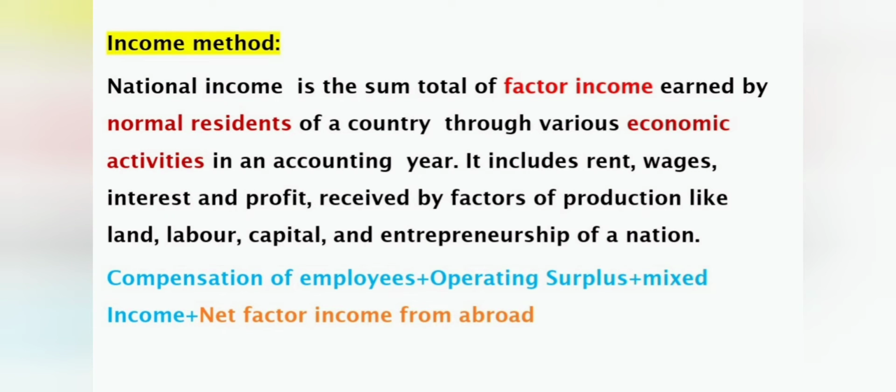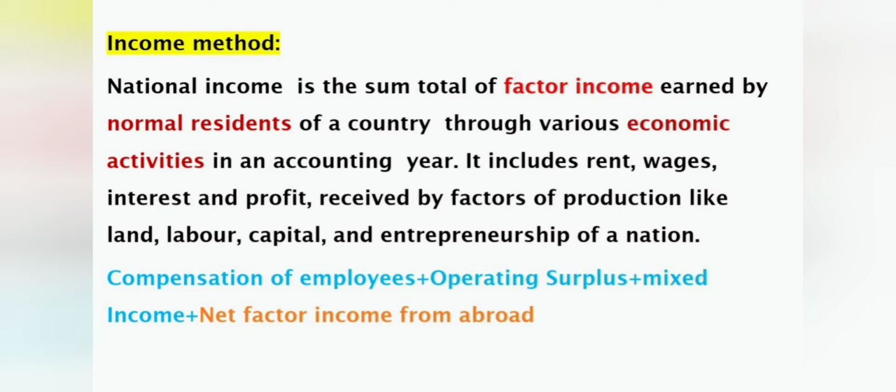So, the sum of final expenditure in the economy must be equal to the income received by all the factors of production taken together. That is, the revenue earned by all the firms put together must be distributed among the factors of production as salary, wages, profit, interest, and rent.